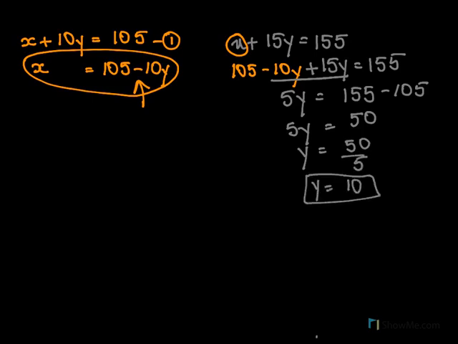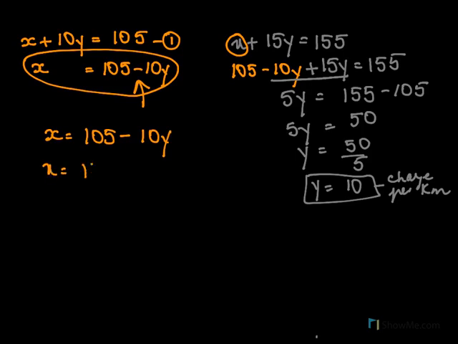This is the value for the charge per kilometer. 10 rupees for every kilometer. If you're traveling 10 kilometers, 10 into Y, and then 15 into Y. Now we have to find the value of X. If you remember, our X was 105 minus 10Y.